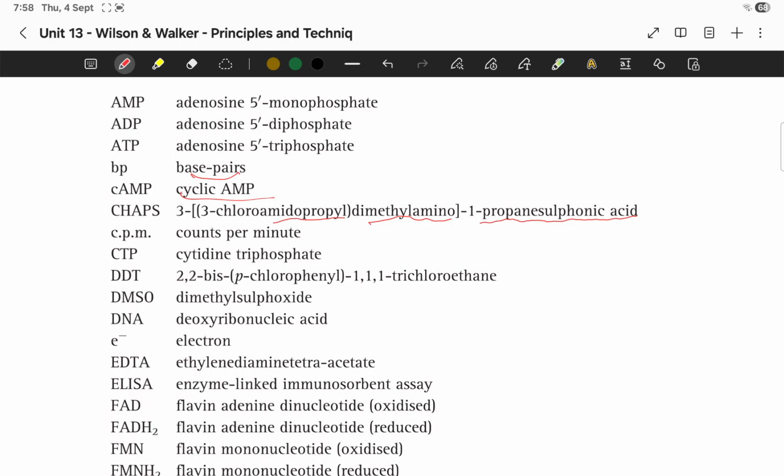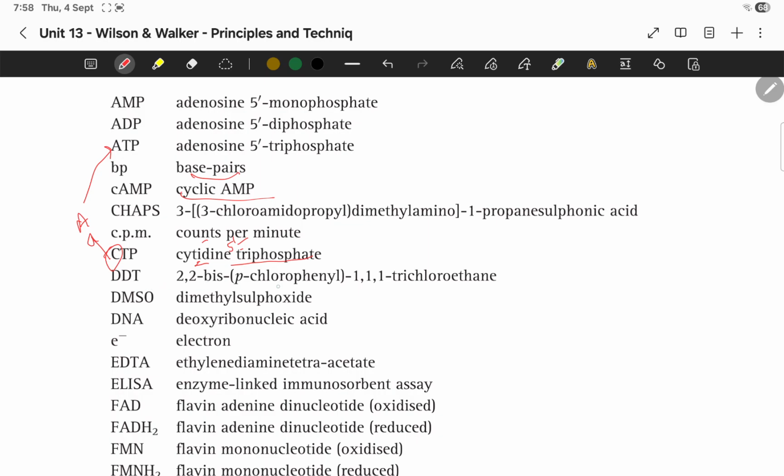Quite a mouthful. Okay, CPM, counts per minute. CTP, cytidine triphosphate. Only if this is replaced by A it becomes ATP. Now I want to know why there is no 5 here.